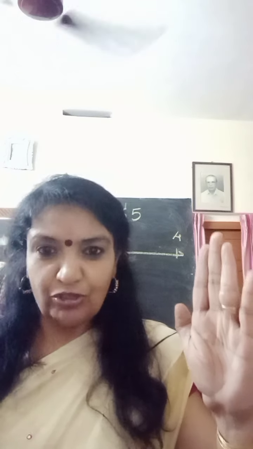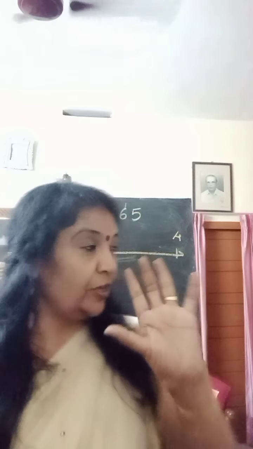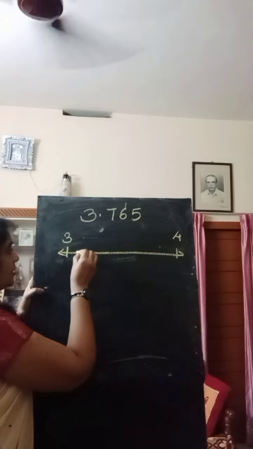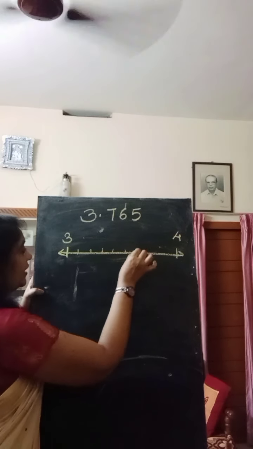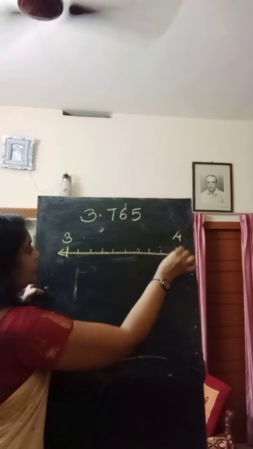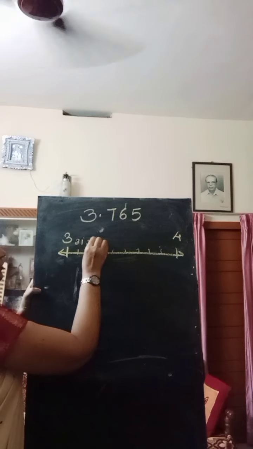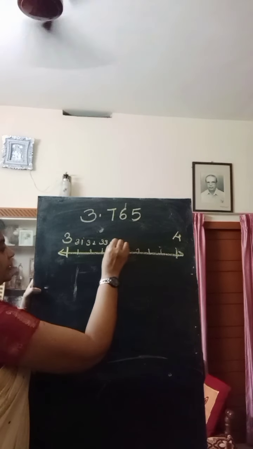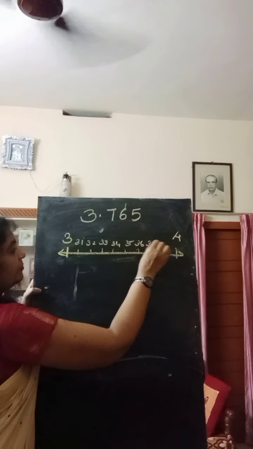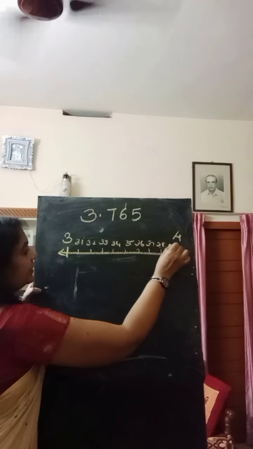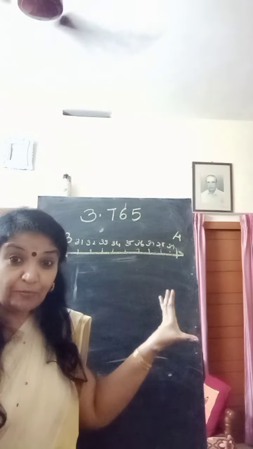Now dividing into 10 equal parts: 1, 2, 3, 4, 5, 6, 7, 8, 9. And mark it. This is 3.1, 3.2, 3.3, 3.4, 3.5, 3.6, 3.7, 3.8, 3.9, then 4. And this is the first step of the procedure.